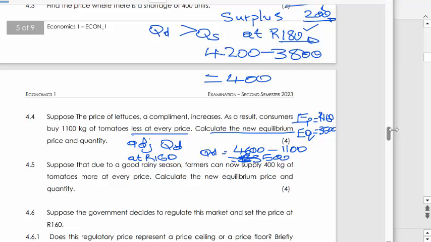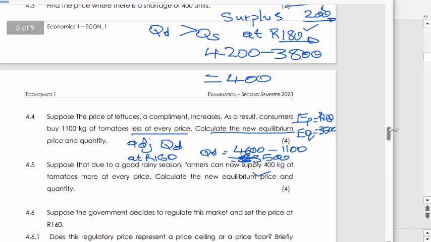Then suppose that due to a good rainy season, farmers can now supply 400 kgs of tomatoes more at every price. Calculate the new equilibrium price and quantity. Again, we are doing what we did when we started the question, so we are looking for that equilibrium.